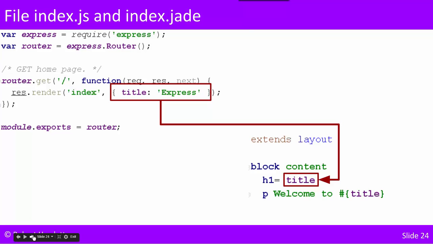And then inside your index.jade file, if we follow the arrow, that key value pair, I can have that show up as a variable and have an h1 tag with that title in there, and that can go welcome to, and also use the title again as well.